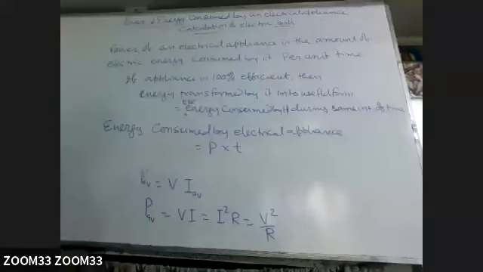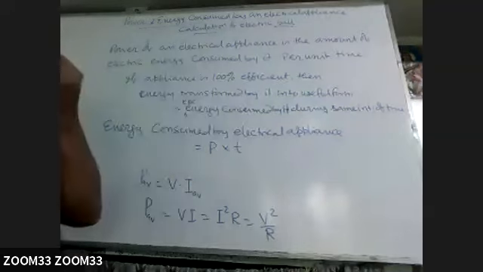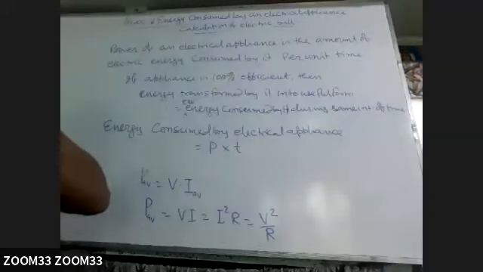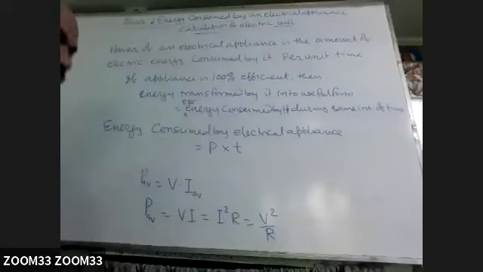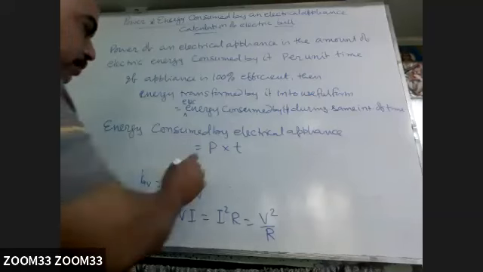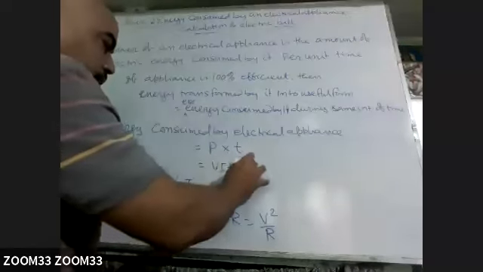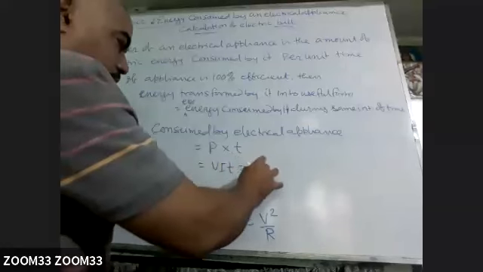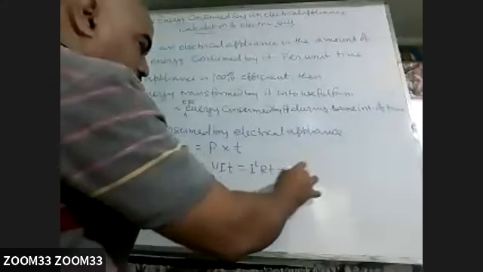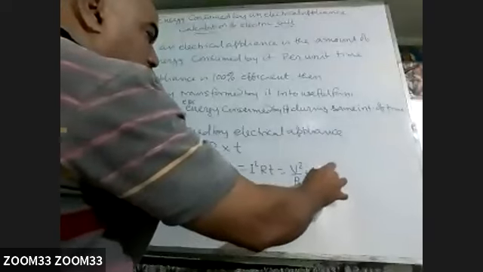We will multiply it by time. That will give the energy consumed. So it can be given like this: VIT, it can be I square RT, it can be V square over R into T, or it can be Q into V, since I into T is Q.